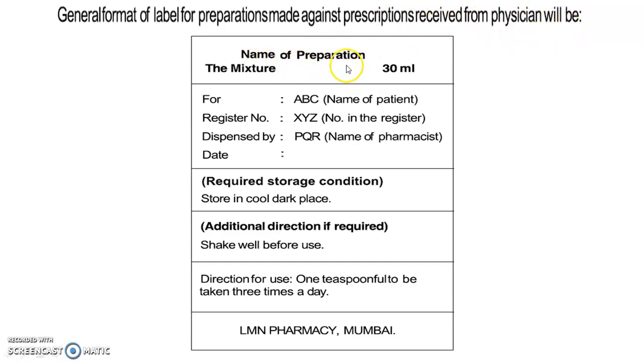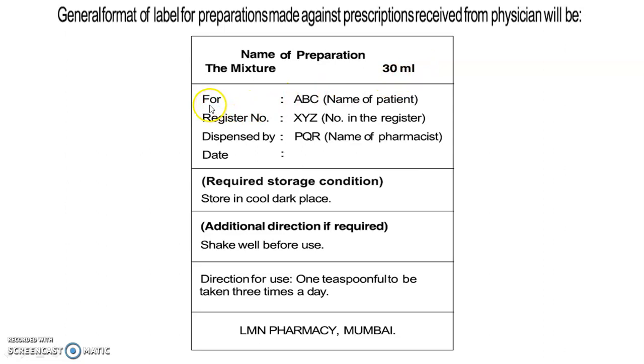First of all, it includes the name of the preparation, then the dosage form with the quantity dispensed. For example, the mixture is the dosage form, and 30 ml is the quantity to be dispensed.